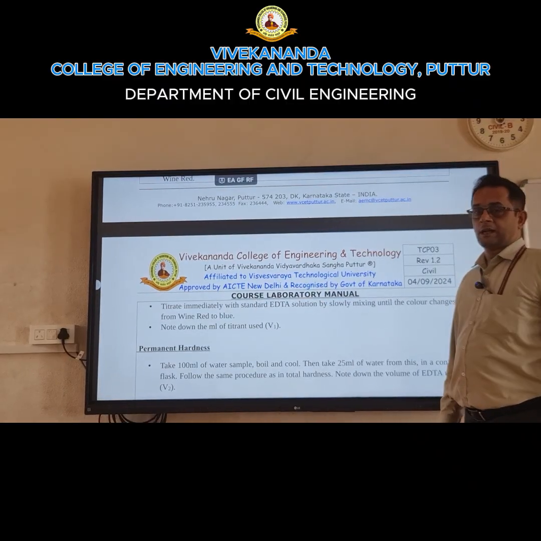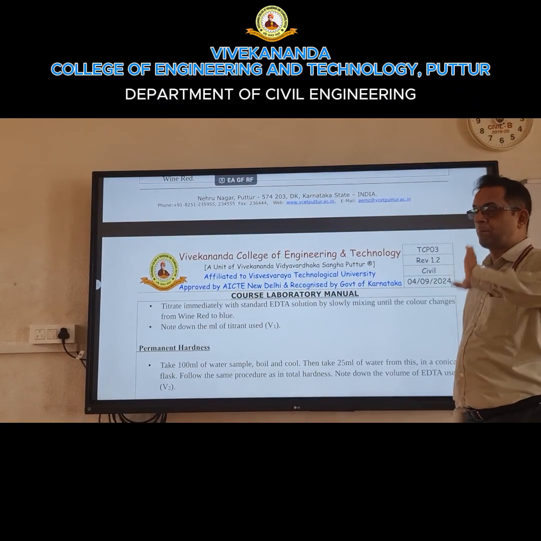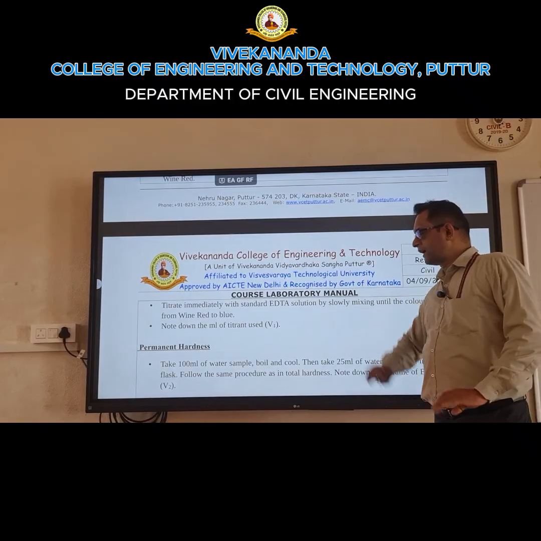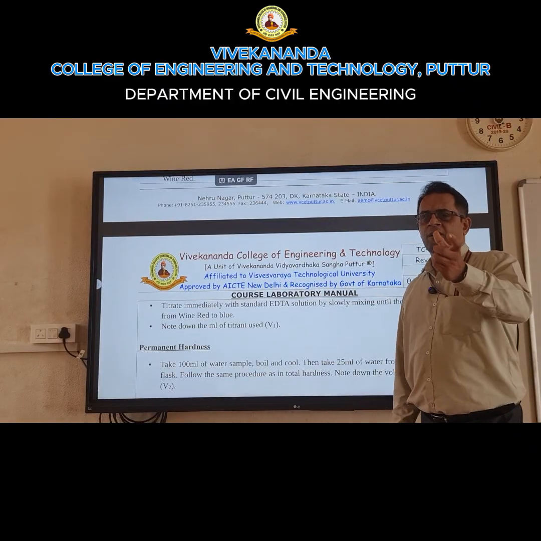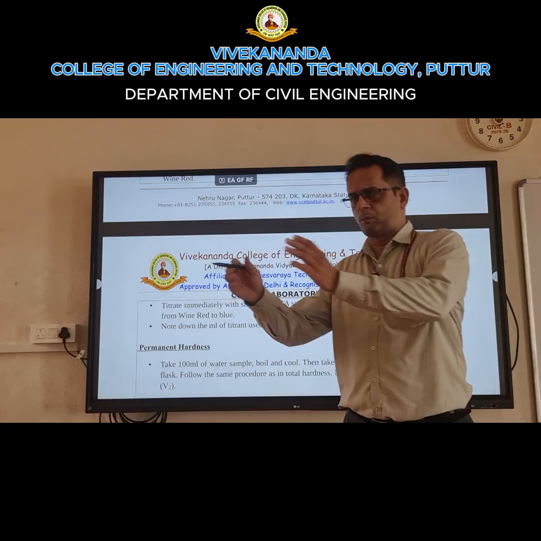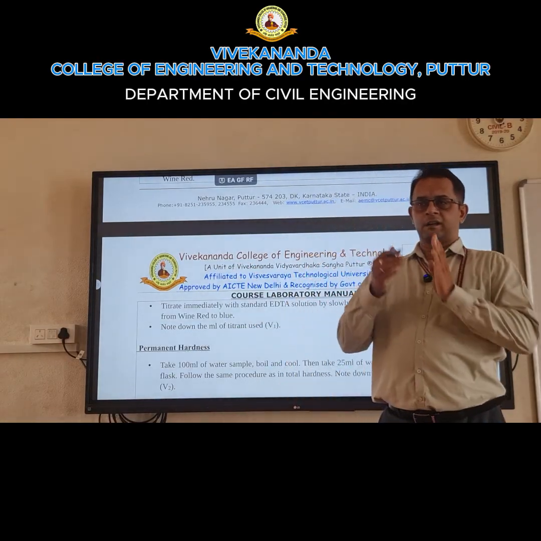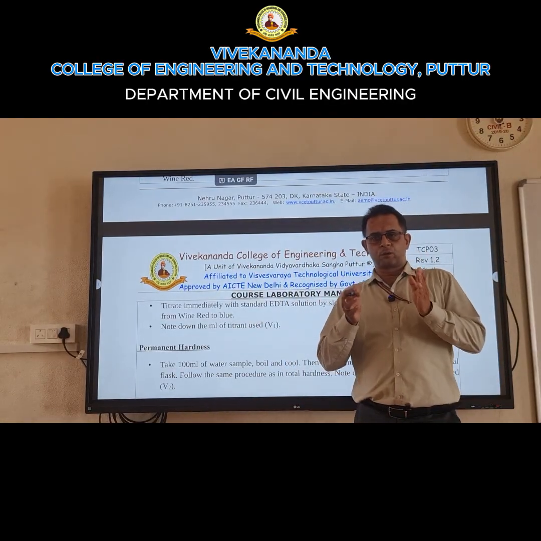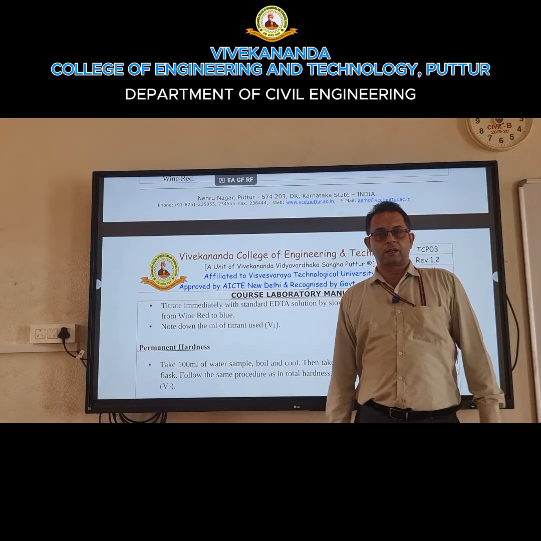Next, I will repeat the procedure for the permanent hardness sample. Around 100 to 150 ml of sample I have to boil using the heater, then cool it to the lab temperature.